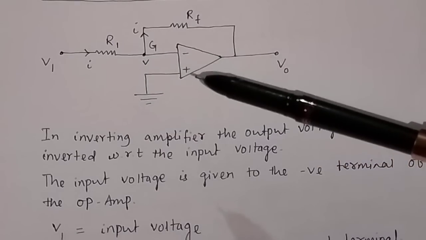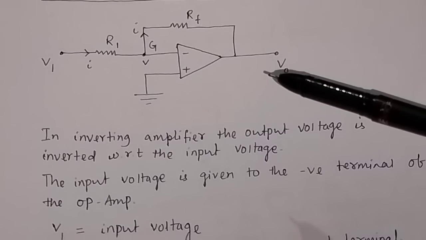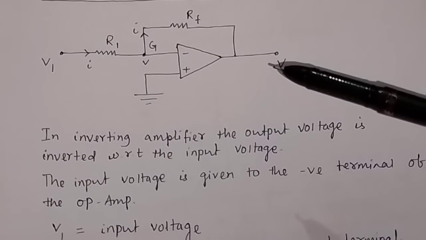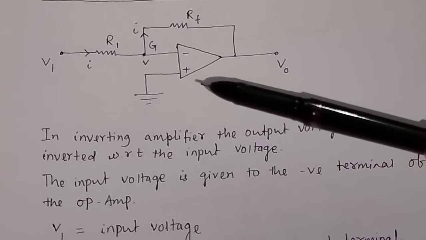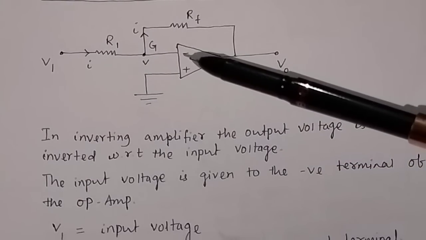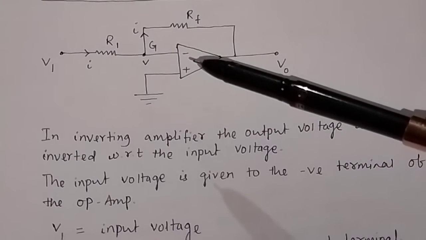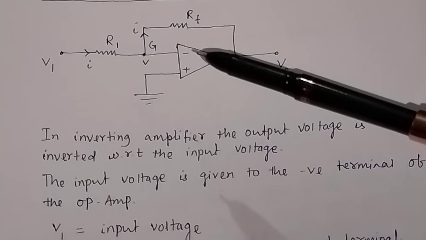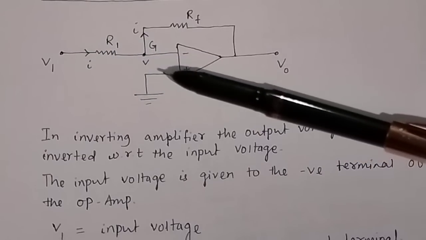The shape of the signal will be inverted, or negative, with respect to the input voltage. The input voltage is given to the negative terminal of the operational amplifier.